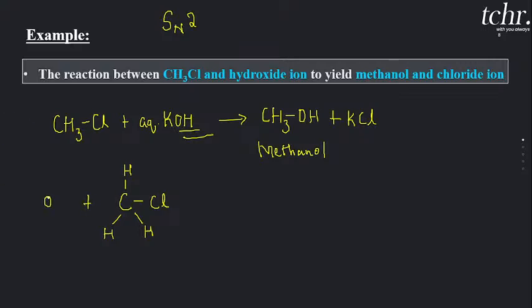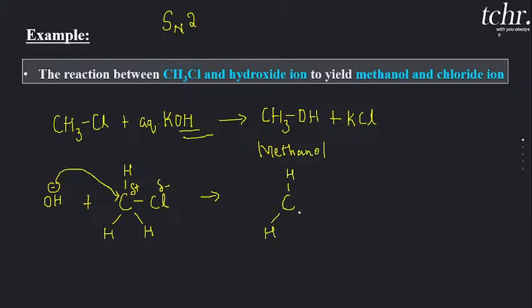So, the OH minus ion, the hydroxide ion, you know that the bond between carbon and chloride ion is polarized, that is, carbon is partially positive and chloride ion is partially negative. So the OH minus definitely attacks the partially positive carbon atom. So through the opposite direction, when it attacks, a transition state is formed.